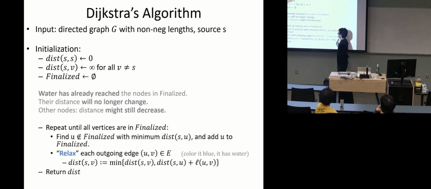What do you do exactly? You just compute this. For every node V that you can reach going out of the node U, you update the distance estimate from S to V. How? If there is a way to go from S to V through U which is better than your previous estimate, just update that.